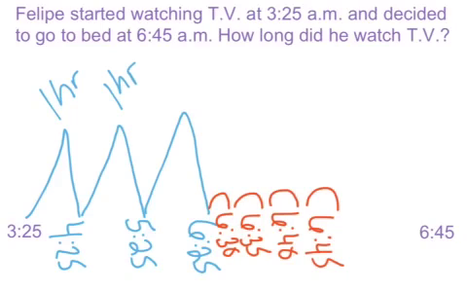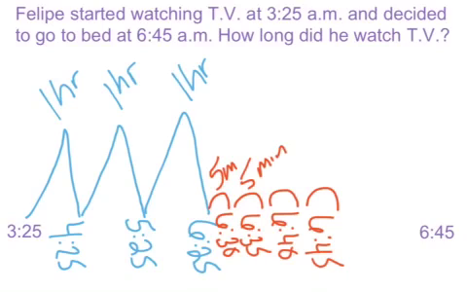5:25 to 6:25 would be another hour. And then I started counting with my 5 minutes, because I knew if I did another hour, that would be 7:25, way past 6:45. So I have from 6:25 to 6:30 is 5 minutes. From 6:30 to 6:35 is 5 minutes.